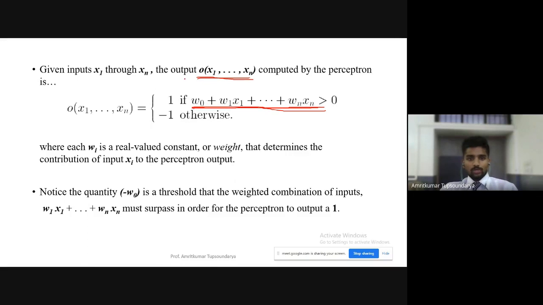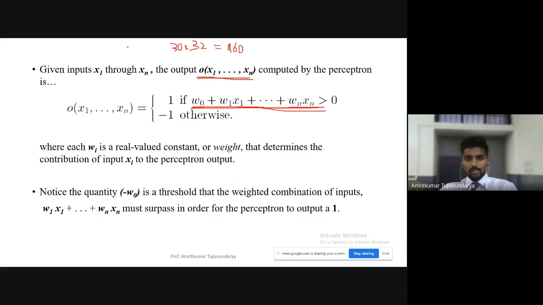Just to give you an example, let's say in the previous case, in the Alvin system, we had a 30 by 32 pixel image as the input image taken from the mounted camera. That makes around 960 pixels for the input.